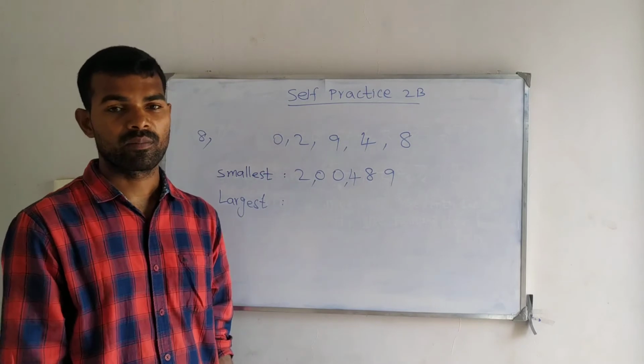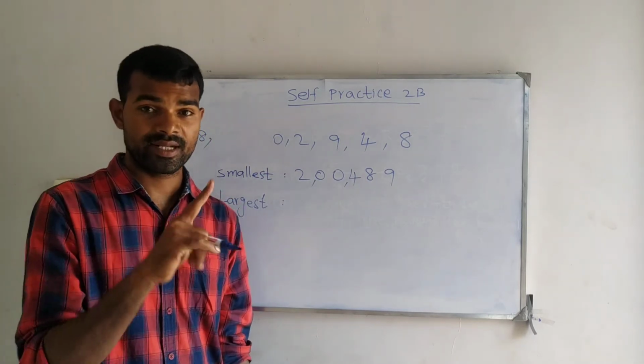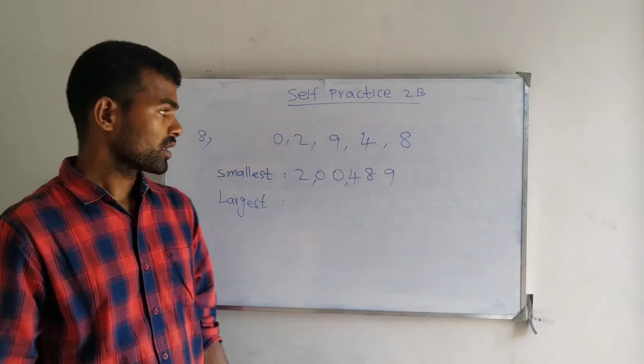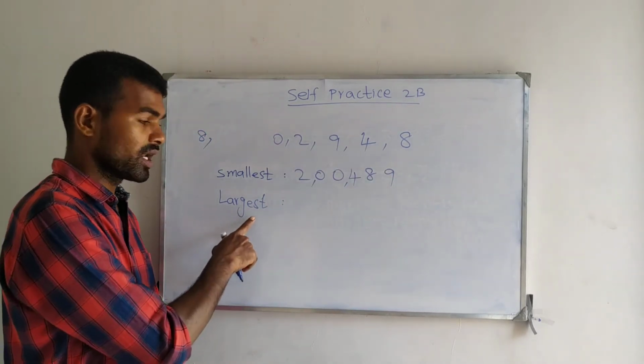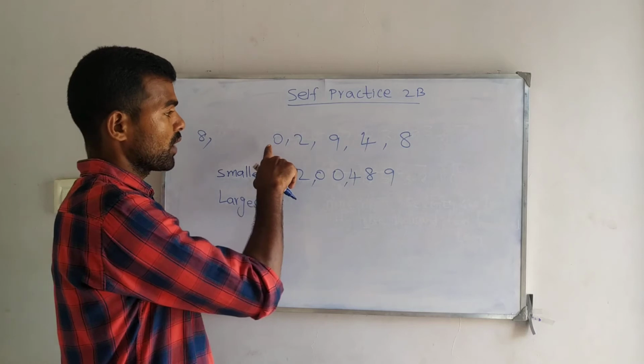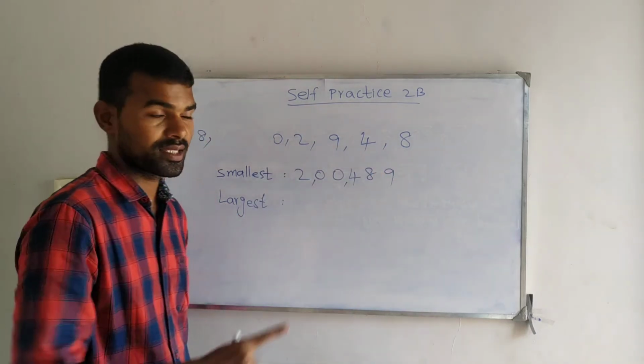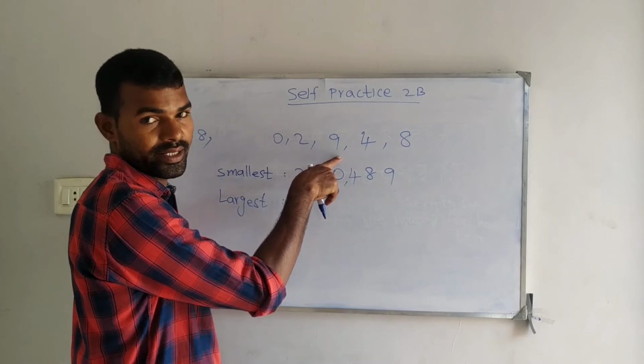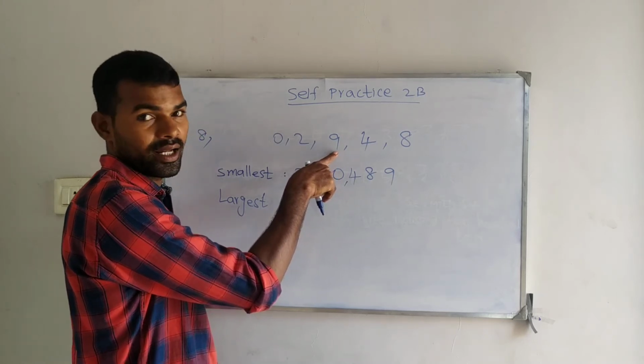But we have to form a 6-digit number. So we are lacking 1 digit in the given number. Out of the given numbers, what is the largest digit? 9 is the largest digit.